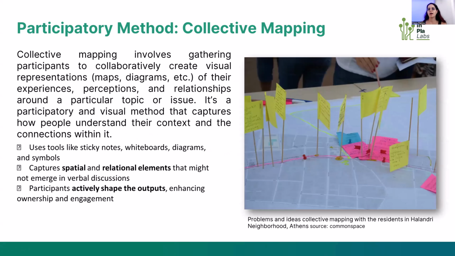Then we have the collective mapping method, which involves gathering participants around a map and asking them to put a spatial dimension in their input. In this way we can understand the relationship of the users with the space.